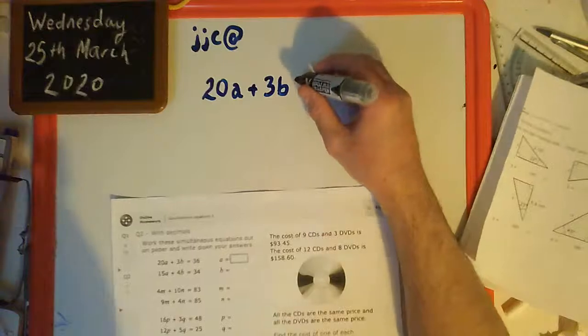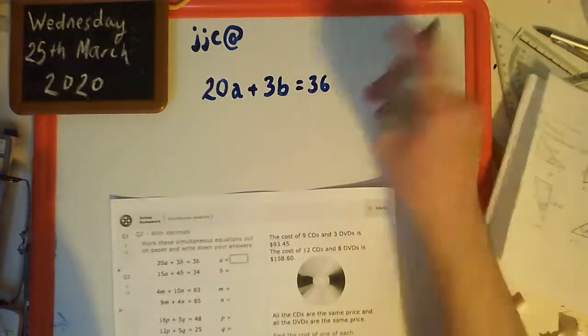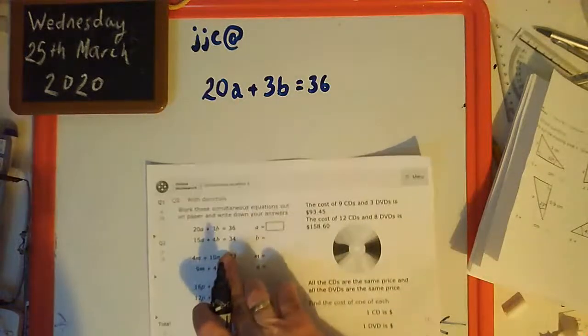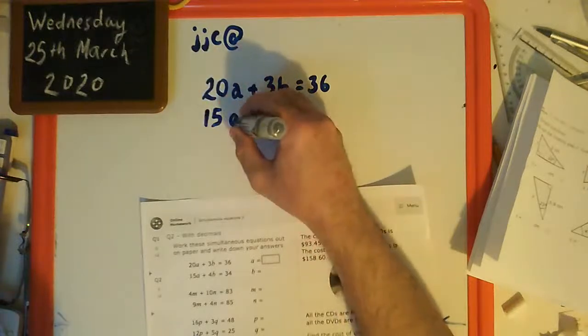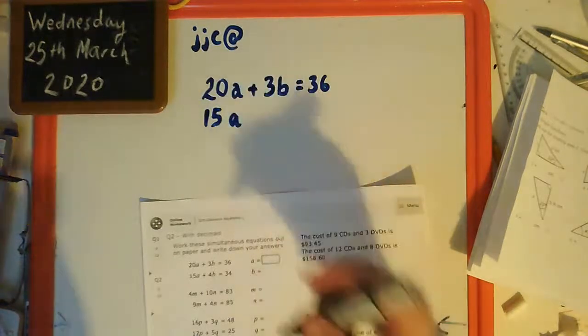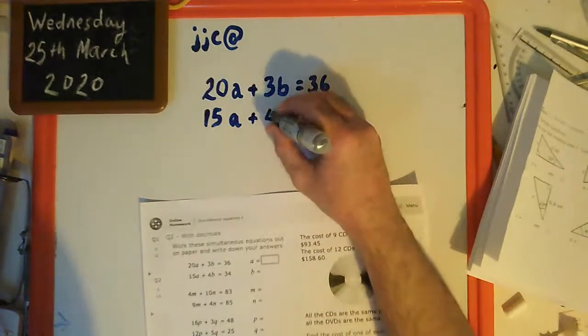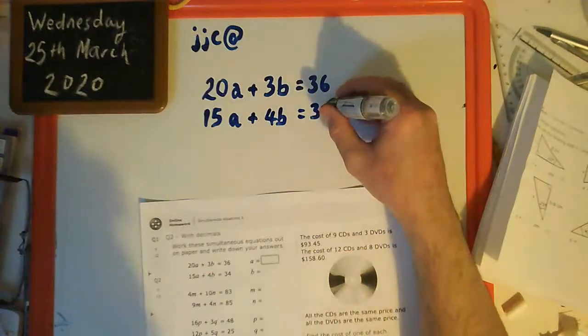So 20a plus 3b equals 36 is the first equation in this problem, and then 15a plus 4b equals 34.